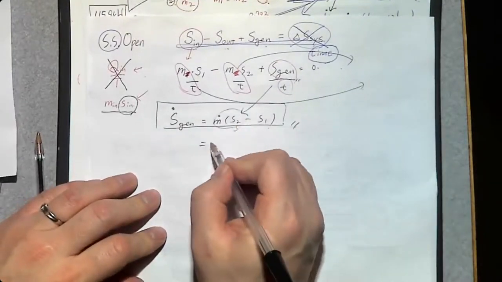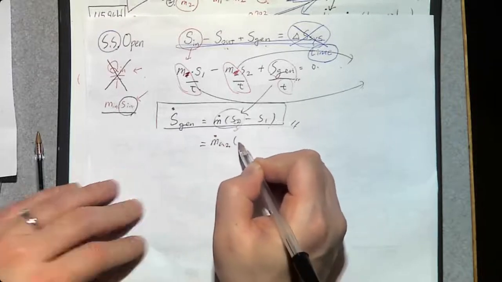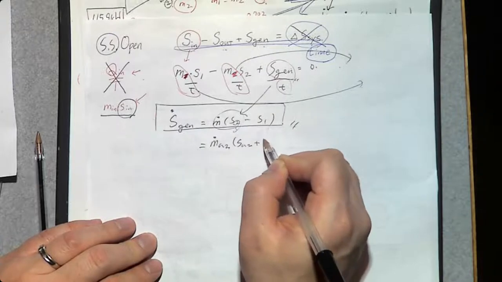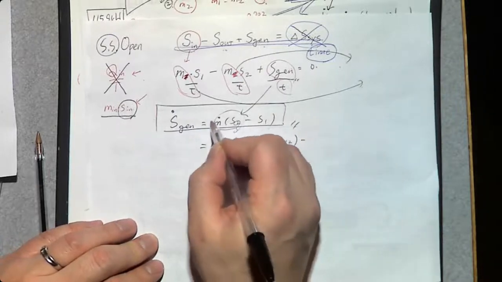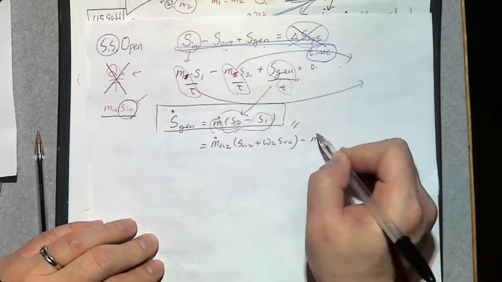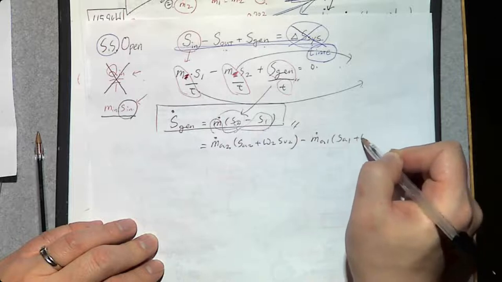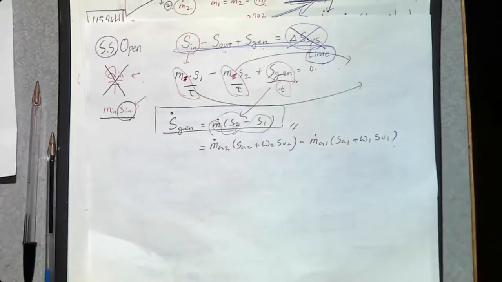This one first: MA2 SA2 plus omega 2 SV2, minus this one, MA1 SA1 plus omega 1 SV1. So this is the equation that we need to solve.